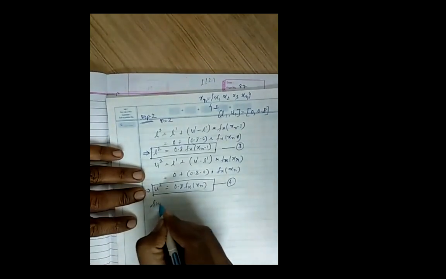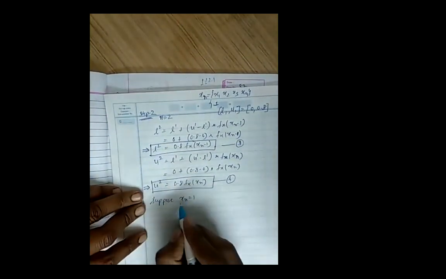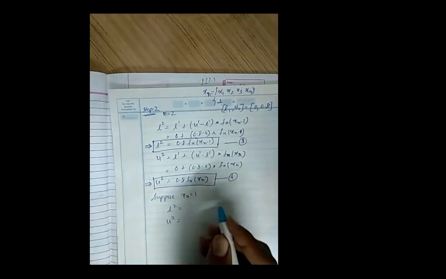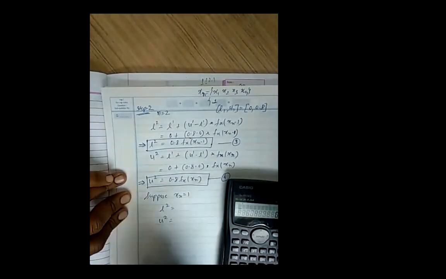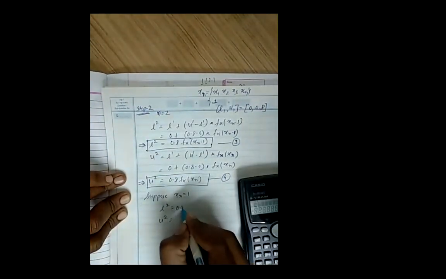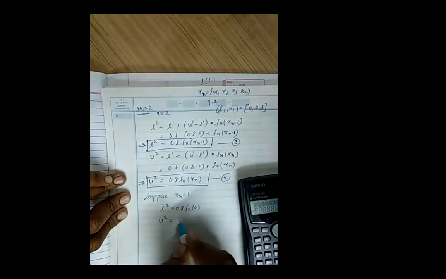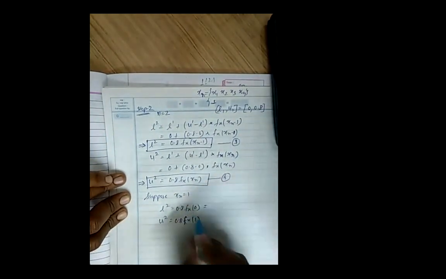Okay, so let's suppose my xn equal to 1, hence what is L2 and what is my u2? Let me use the calculator. 0.8 into xn, it is 1 minus 1, that is 0, and it is 0.8 fx1. What is my fx of 0?